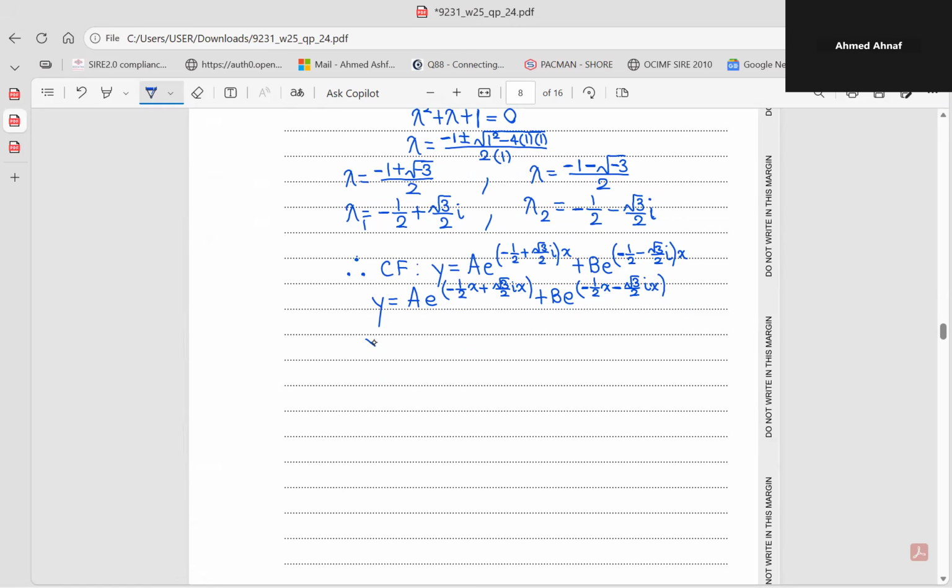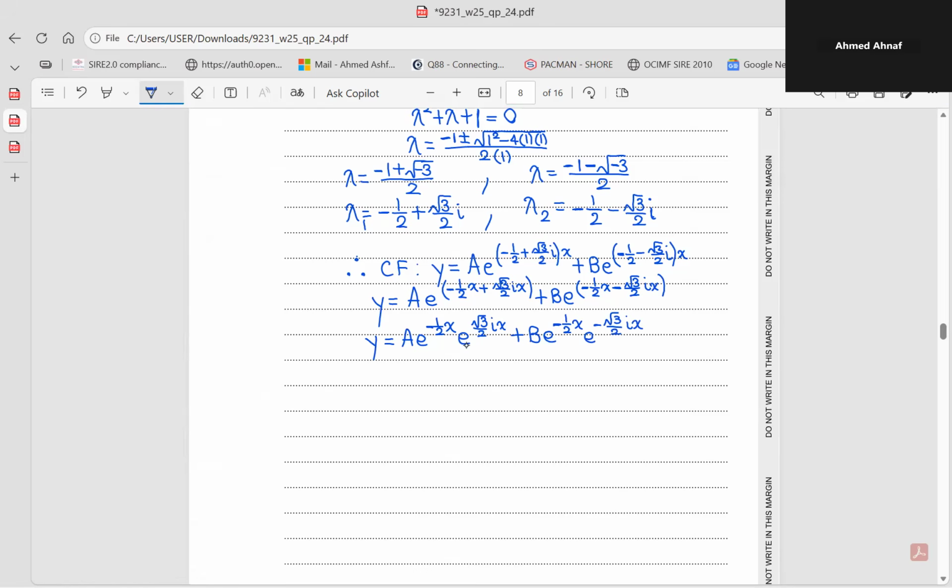So now we're going to split the exponential. Splitting e, for the first one, we get a times e to the power of minus half x times e to the power of square root 3 over 2 i x, plus b times e to the power of minus half x times e to the power of negative square root 3 over 2 i x.